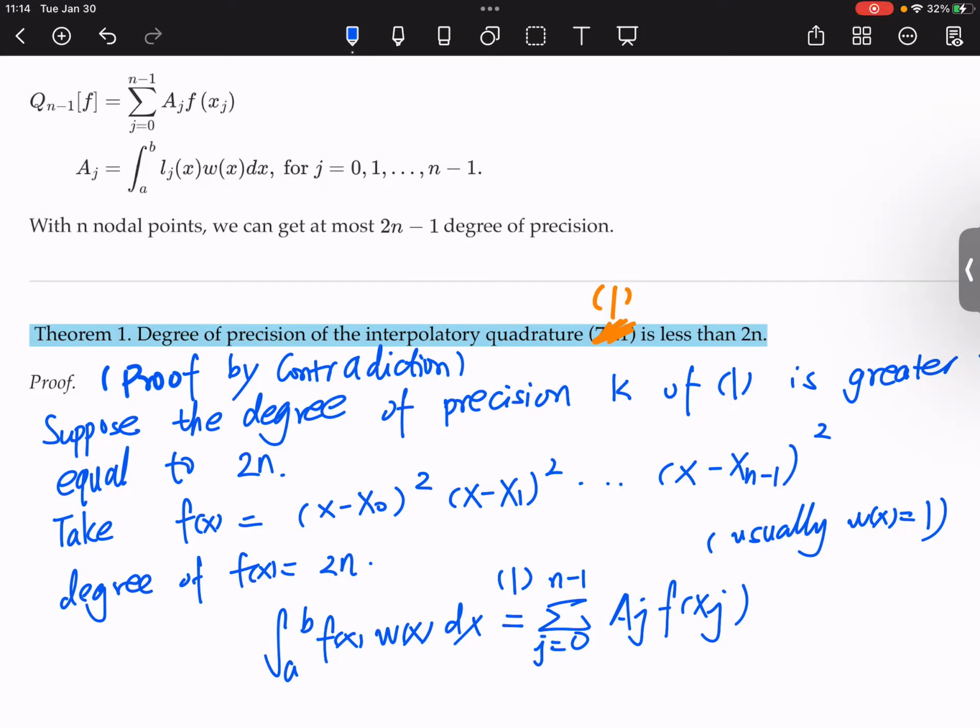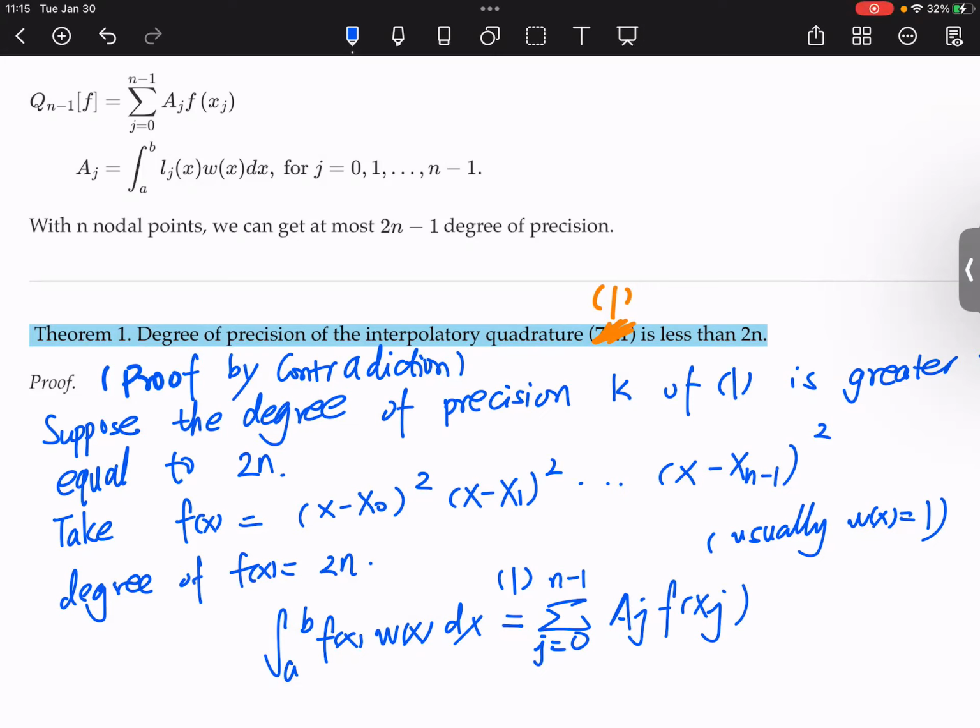For the next term, j equals 1, we substitute x equals x1, and x1 minus x1 is 0. This means that all the f(xj) equal 0, so if you do the sum, the sum is 0.